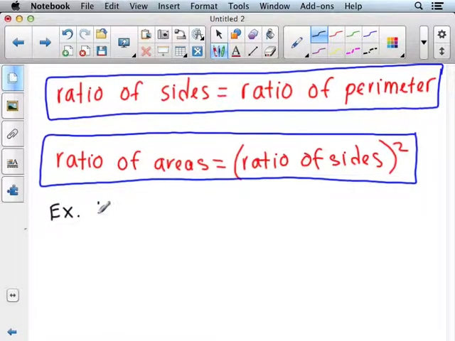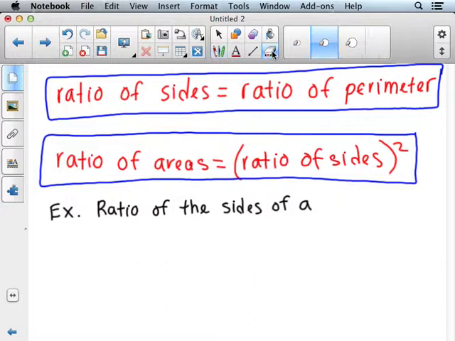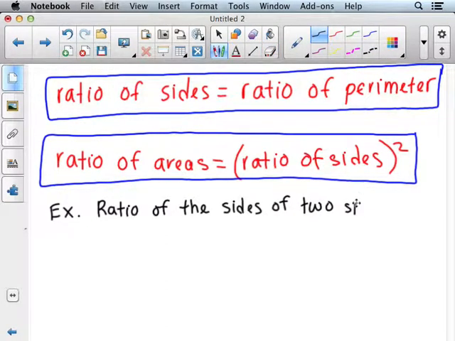So suppose the ratio of the sides of two similar polygons is 3 to 5.